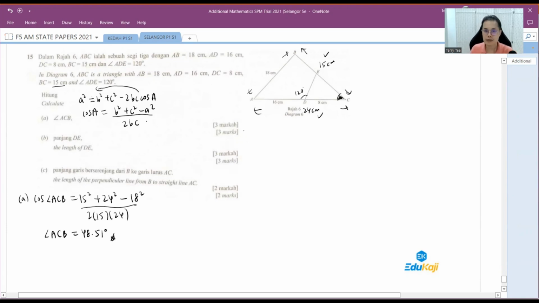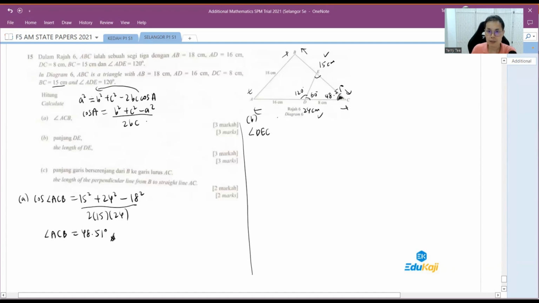So the next one, the length of DE. Well, DE is this length, right? The opposite side. I know this is 48.51. I know this is 60. So here we should use sine rule. Yeah, sine rule comes in pairs. So if you know the length of 8 cm, I need to find this angle DEC.